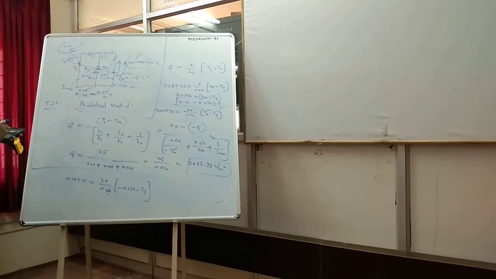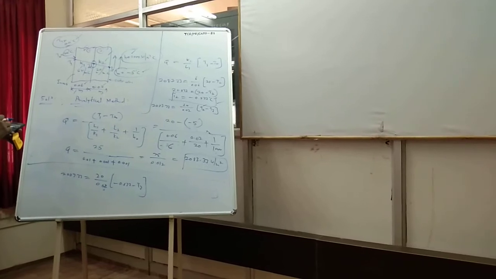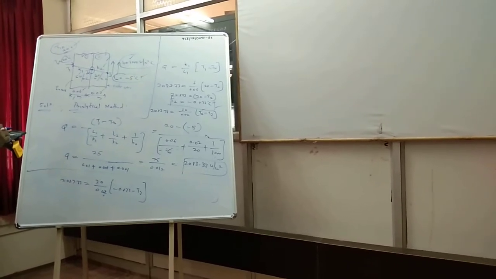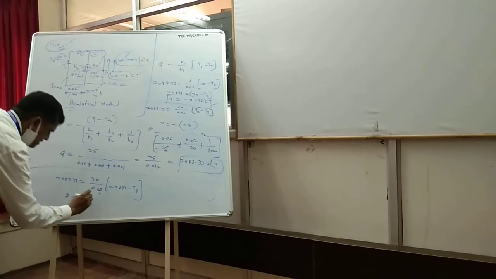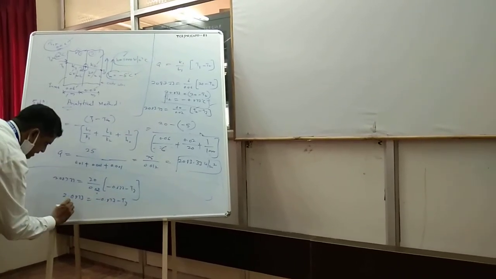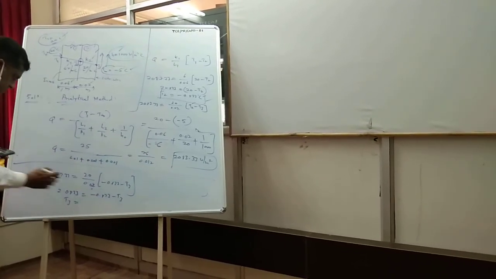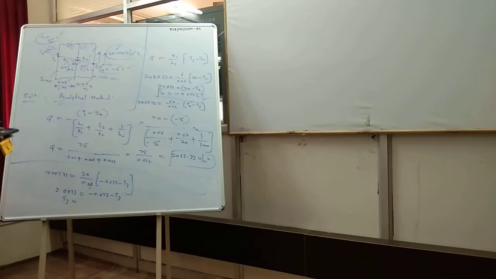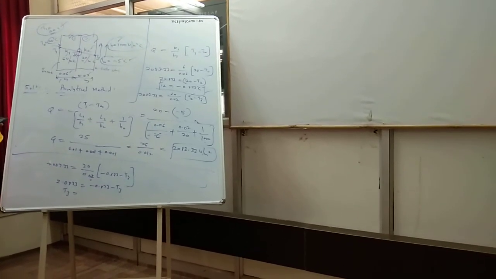Now if you calculate 2083.33 into 0.02 divided by 20, you get 2.0833 is equal to minus 0.833 minus T3. Therefore T3, you take it on the left side, and this to be added up, you will get plus 0.833.